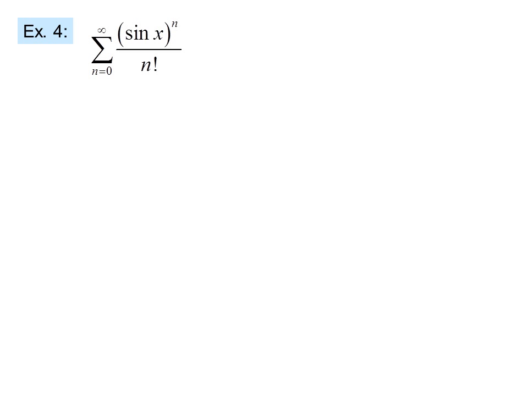Example, the summation from n equals 0 to infinity of sine x to the n over n factorial. We test for absolute convergence. We notice that the original series is sometimes positive and sometimes negative.